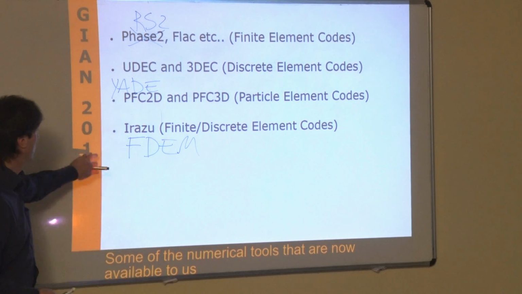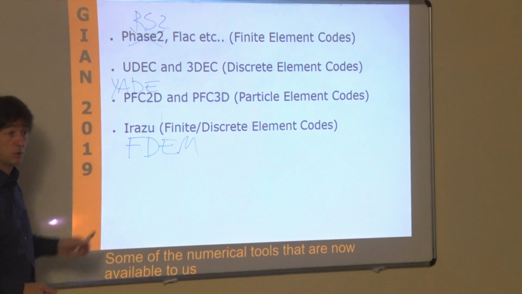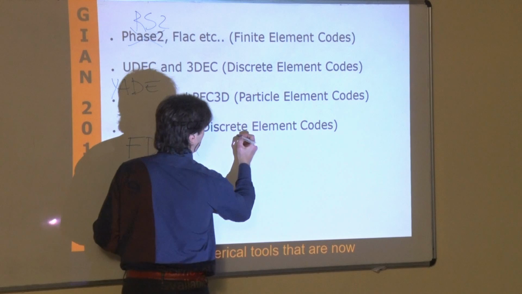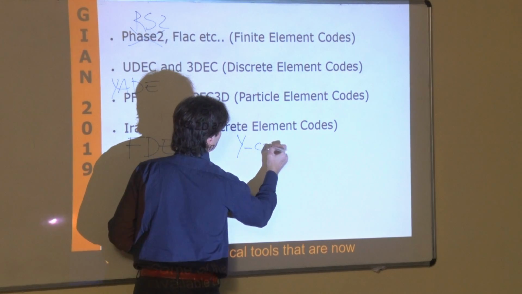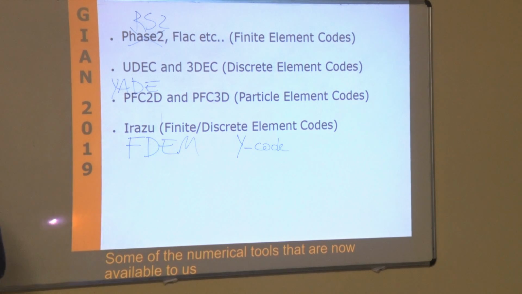And Irazu is a commercial code that has been based on this methodology, and the Y code is, I would say, the original one, which is open source and was initially developed in the 1990s, beginning in 1994, as a thesis by Professor Munjiza at the time at Swansea.